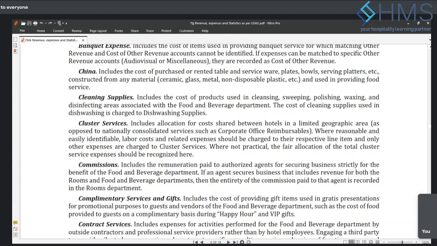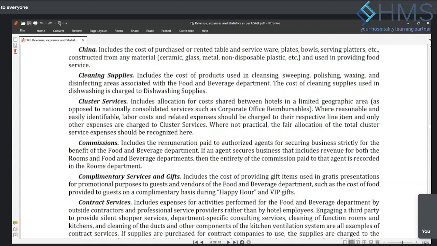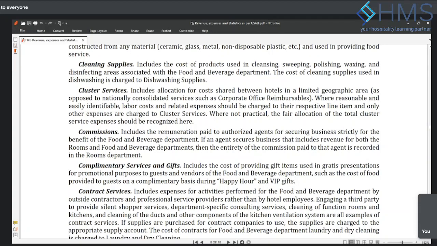Then you have the commission expenses, which is usually what you pay to the authorized agent. So it's similar to the rooms. Complimentary services and gifts, such as the happy hour or gratis, which in rooms you give on a complimentary basis to the customer; in F&B it is mostly the happy hour, or anything that you provide on a complimentary basis.